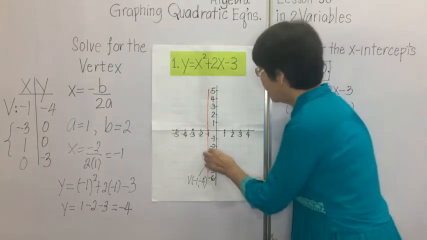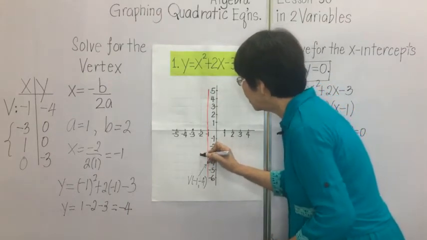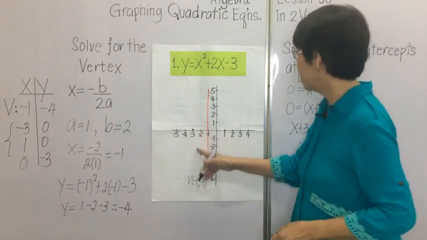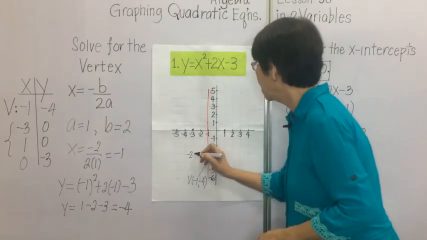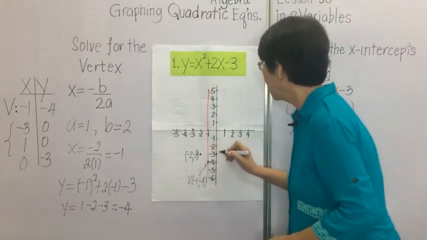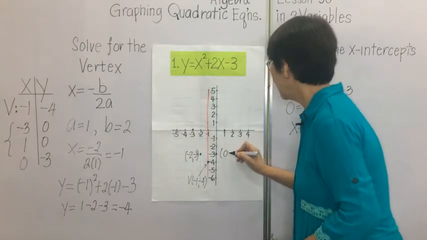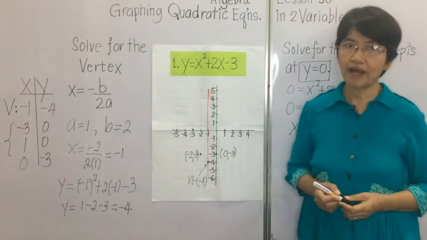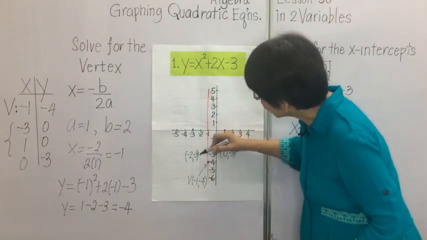So we have 1 unit, there is 1 point here, and another unit here. We have another point here, which is negative 2, negative 3. And this one is 0, negative 3. Now we can graph the parabola. We have the vertex here.